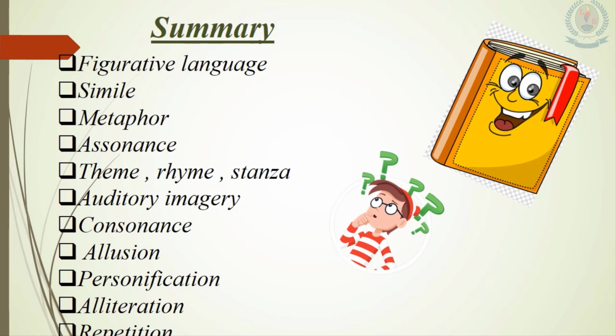And personification gives human qualities to non-living things. And we also learnt about alliteration. What do you mean by alliteration? Alliteration means the repetition of consonant sounds. And repetition is just repeating words or phrases inside a story or a poem.